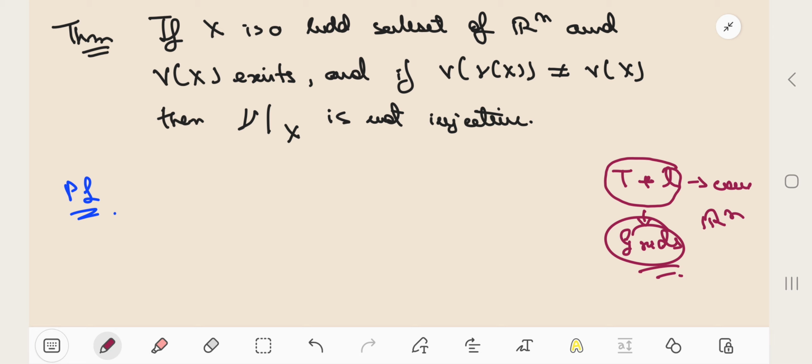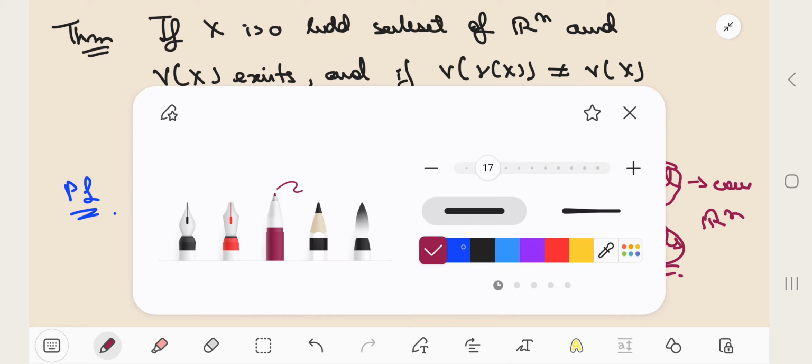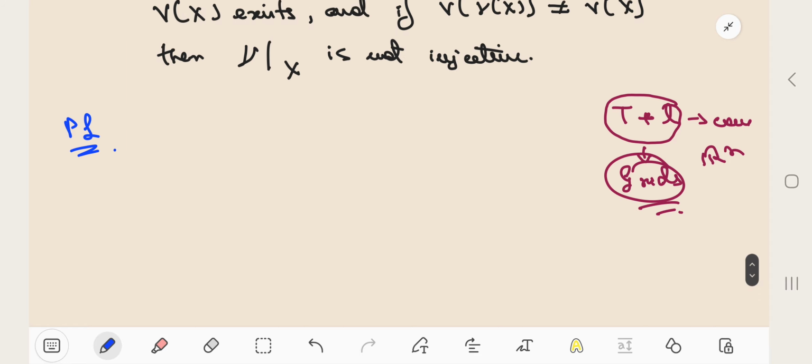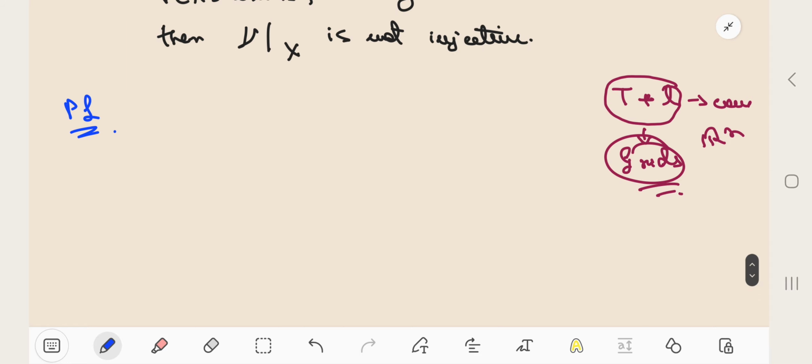Okay, so let's start with the proof. Our usual procedure will be to argue by contradiction. So suppose gamma restricted to X is injective.